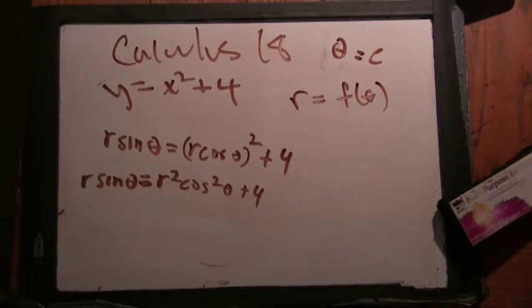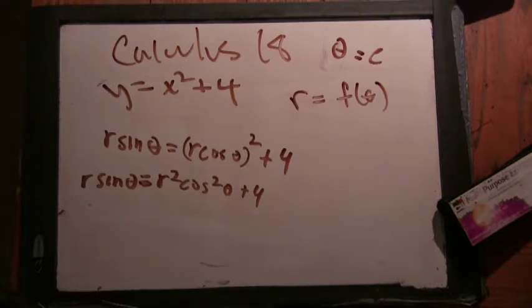Taking the square root of both sides would just complicate everything. Dividing everything by r is not going to help you either.